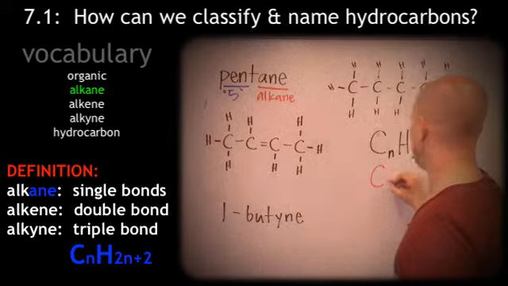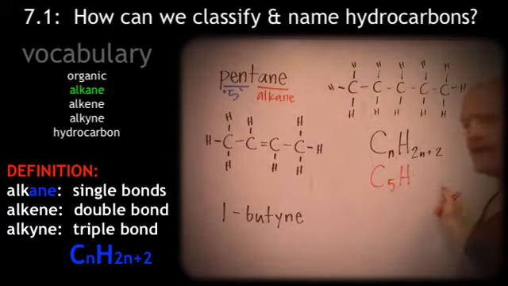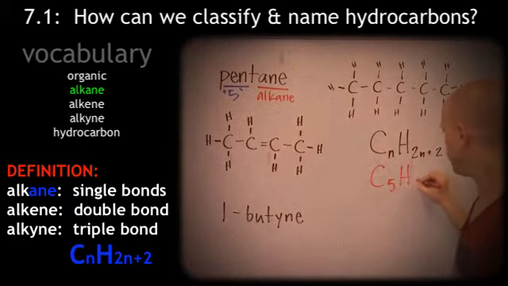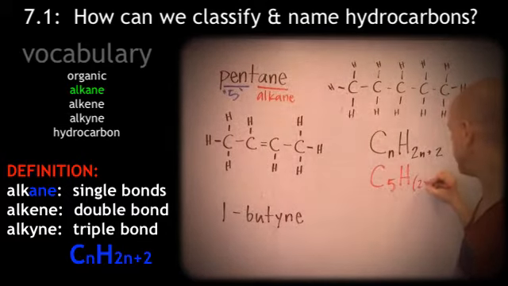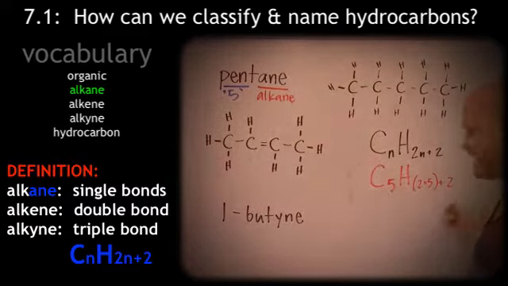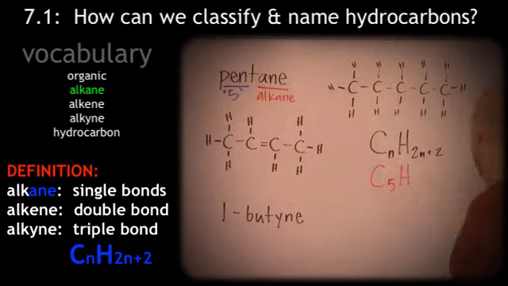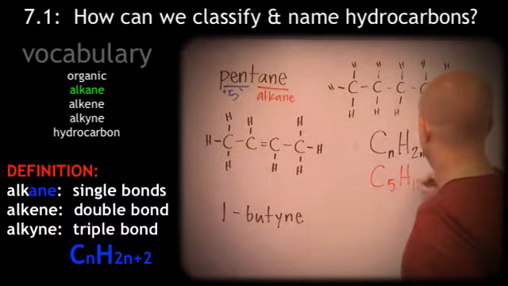So pent means 5. Now this is 2 times N plus 2, or 2 times 5 plus 2, which is 10 plus 2, which is 12. So we write a 12 there.